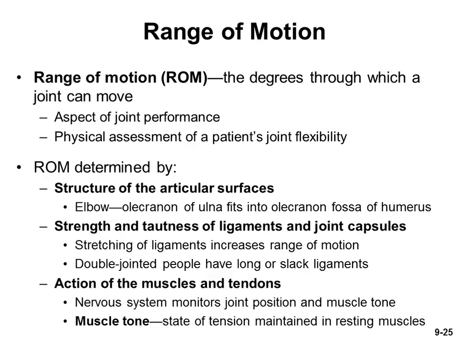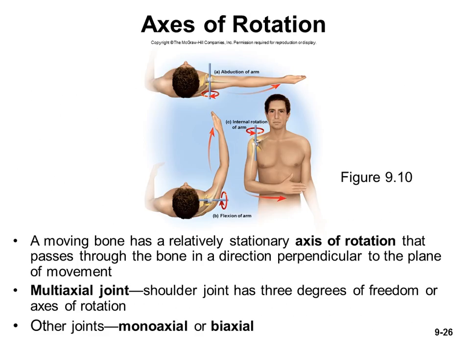Muscle tone, which serves in many cases to stabilize what? A joint. Muscle tone stabilizes a joint. Okay? So we're going to stop here. You got to know multi-axial and monoaxial joints, which are on page 288 under axis of rotation.